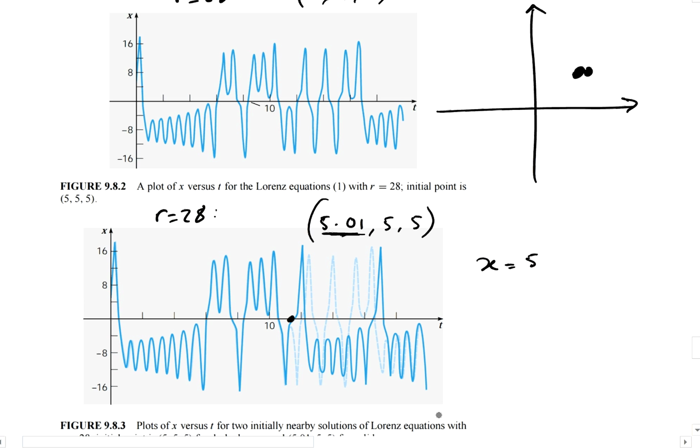But anything beyond that, it's really difficult to predict because any slight variations, so say 5 is rain, this graph could correspond to rain, but then this dashed graph could correspond to, I don't know, sun.